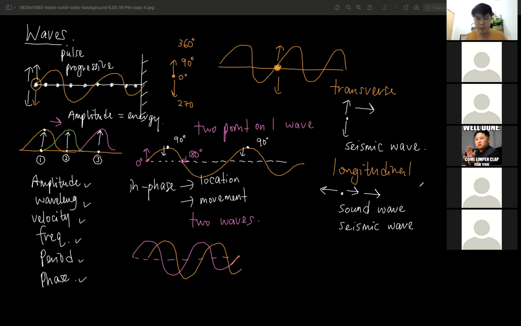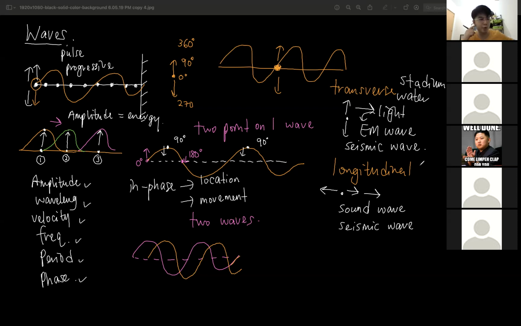So there are many types of waves from the earthquake, but we group them into transverse and longitudinal. Transverse, we have EM, electromagnetic waves. We have light waves. Actually, light is also considered EM. And water waves, stadium waves.